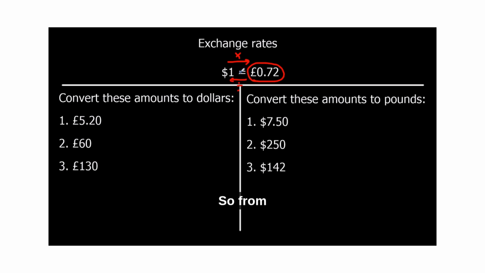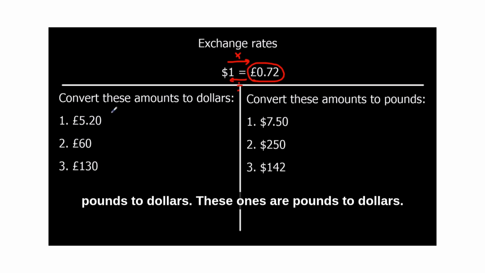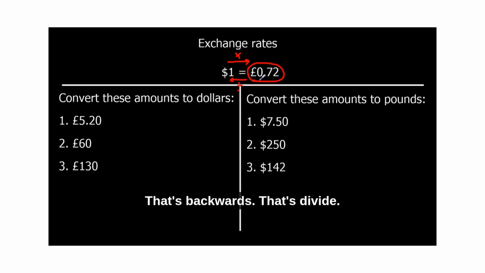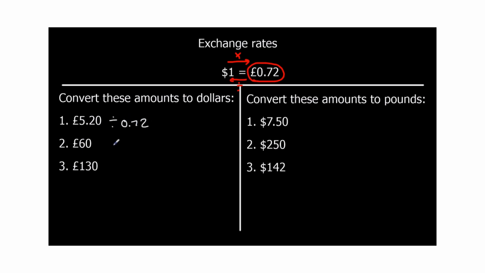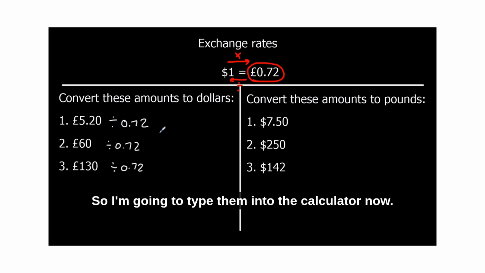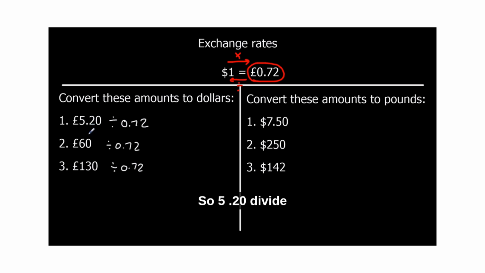These ones are pounds to dollars, that's backwards, that's divide. So these ones are divide by the exchange rate. I'm going to type them into the calculator now. 5.20 divide 0.72. It's come up 7.2 recurring.